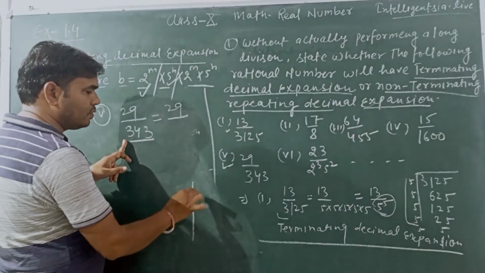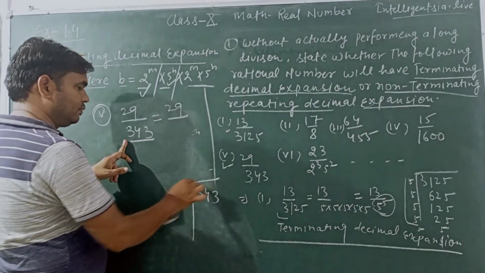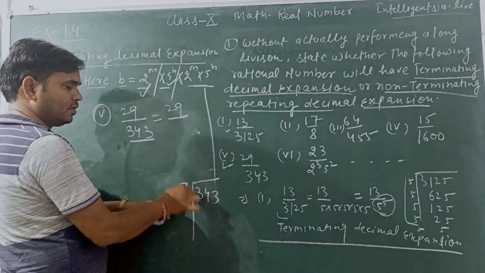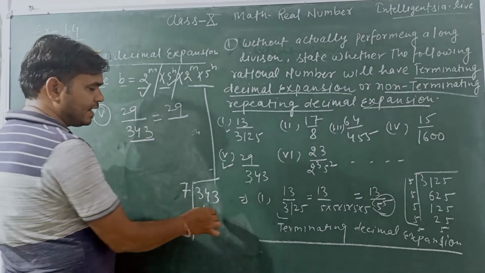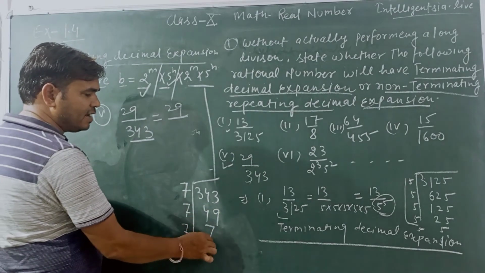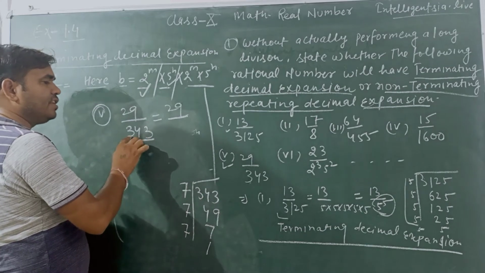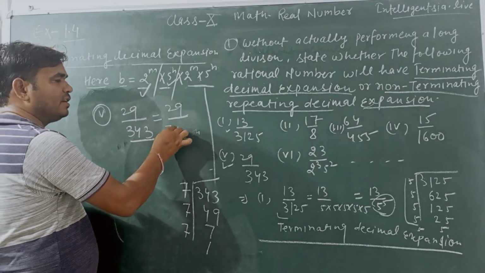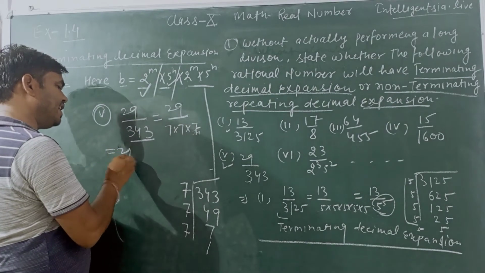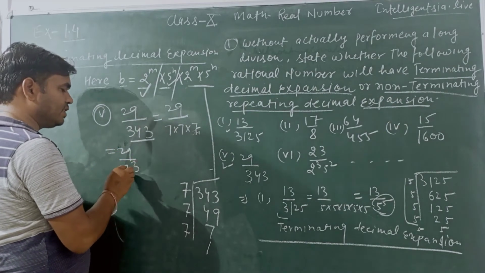We have to find the factors: 7, 7, 7. So the factors of 343 are 7, 7 and 7. So here 29 over 7 to the power 3.